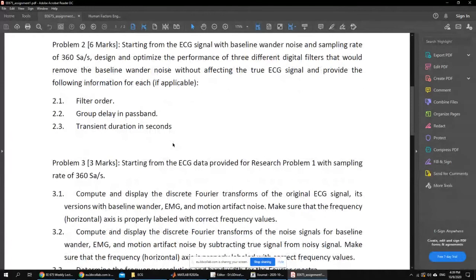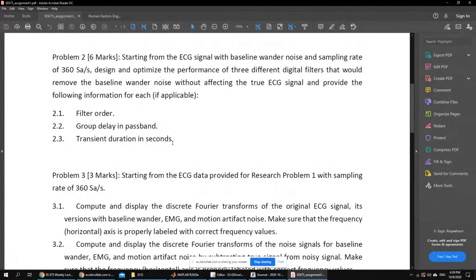And there will be a question that will be worth 20% of the grade of the second part of research problem 1, so the assignment 2, okay? That will be where I give you a signal with unknown noise.